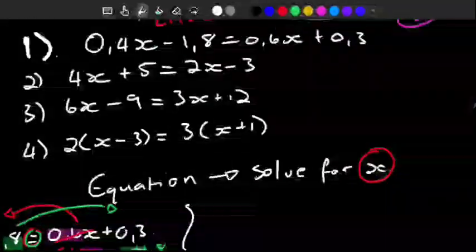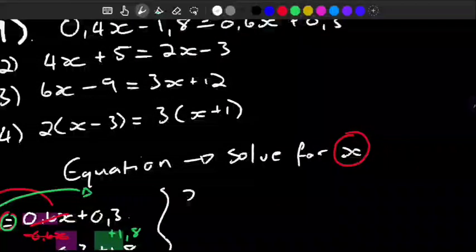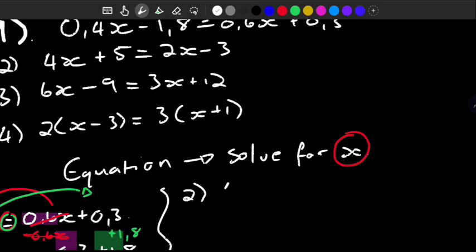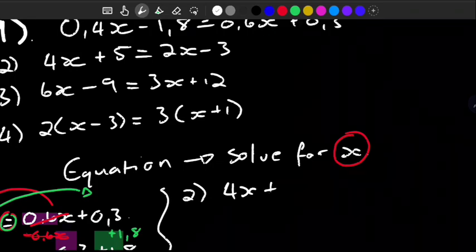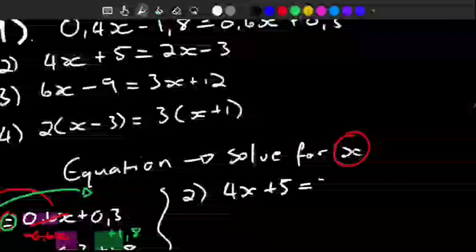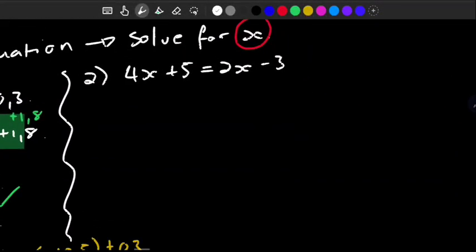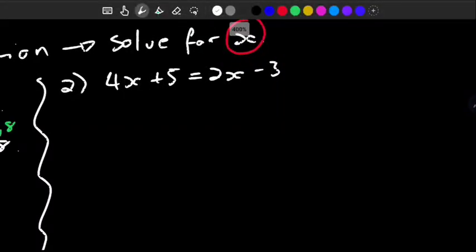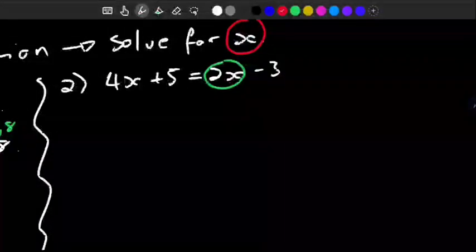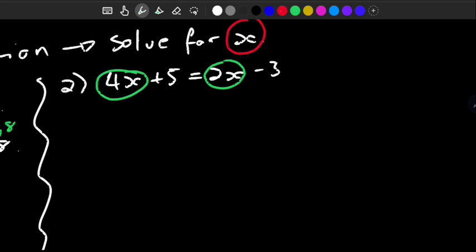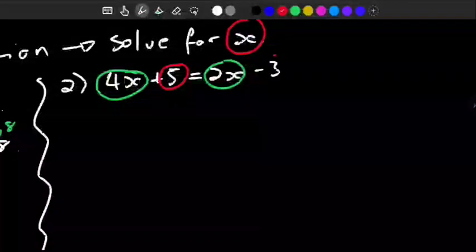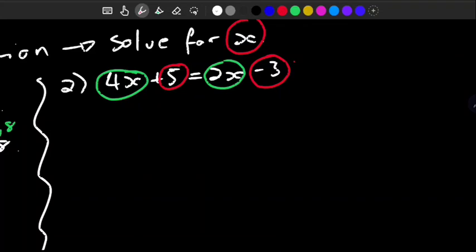Just the divider there. So we have 4x plus 5 equals to 2x minus 3, right? Dealing with this, we first group like terms together, right? 2x and 4x, and positive 5 and negative 3, right? So we have 4x.